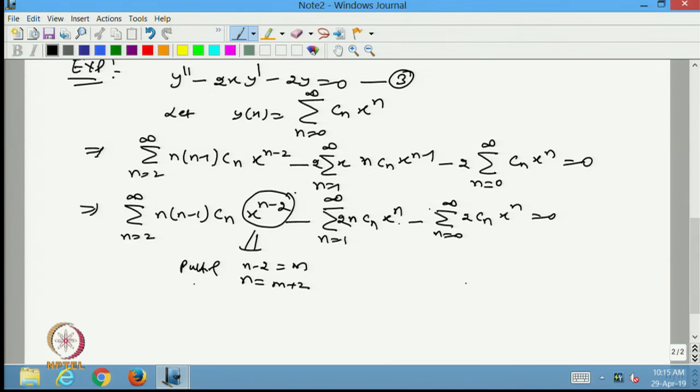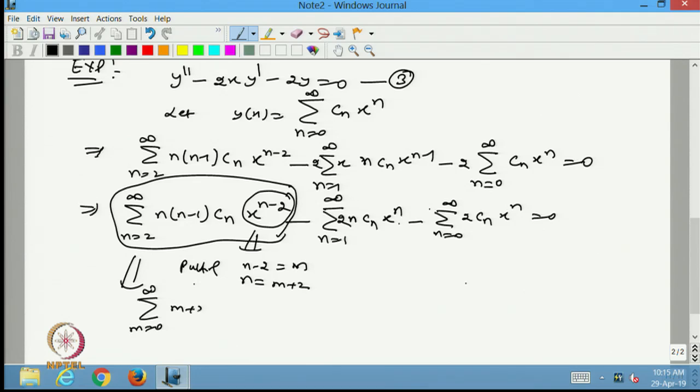Now, the first term will reduce to this. If n starts from 2, m will start from 0. So, m goes from 0 to infinity, and n becomes m plus 2, so n minus 1 becomes m plus 1, Cn becomes C(m plus 2), and this becomes x raised to power m.